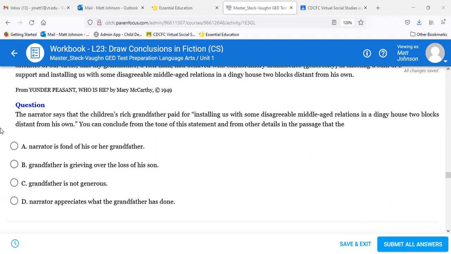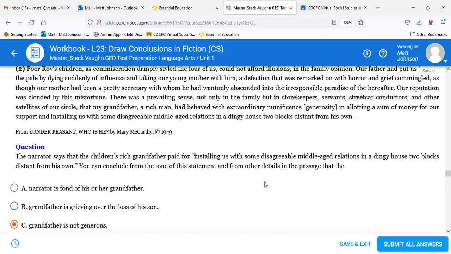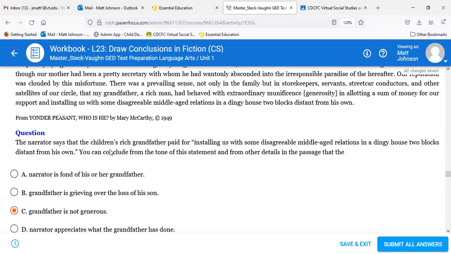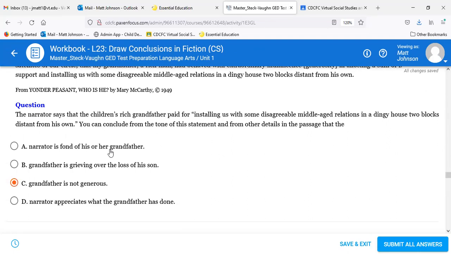Is it B or A? It's C. So the idea here: installing some disagreeable middle-aged relations in a dingy house 2 blocks distant from his own. The narrator is saying, the people around us probably thought our grandfather, being a rich man, was being very generous taking in his grandchildren.